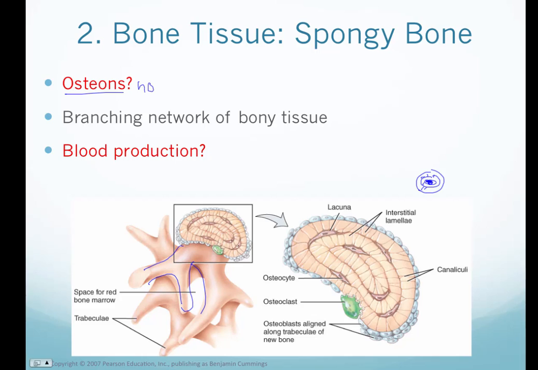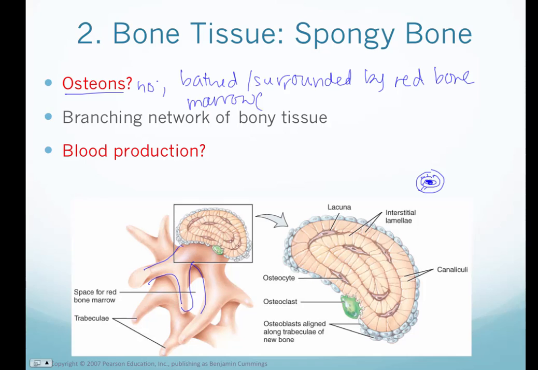This is bathed and surrounded by red bone marrow, which in itself is composed of lots of red blood cells, nutrients, and ions. And that being the case, here's looking at this cross section. I'm drawing everything in blue.